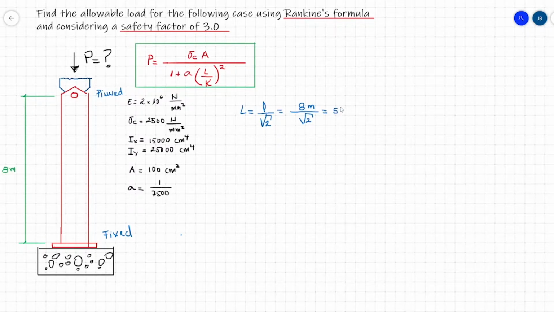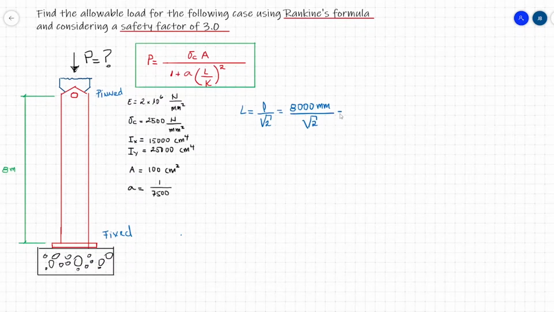5,000. I'm going to transform it at once. Actually, I should transform it at once. Let's write this again to have it in the proper units. So it's going to be 8,000 millimeters divided by square root of 2.